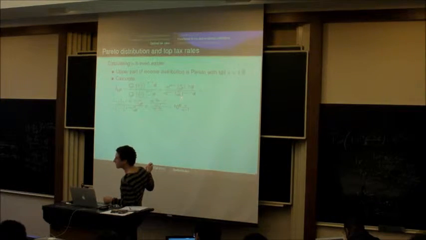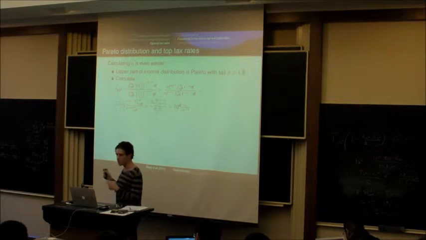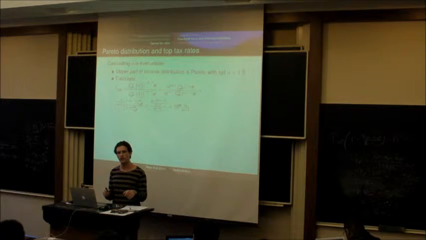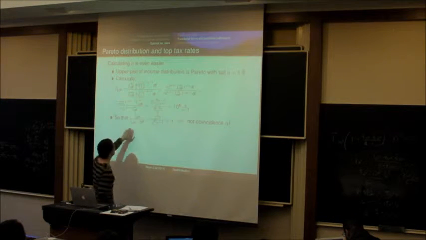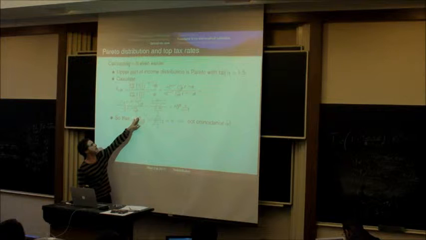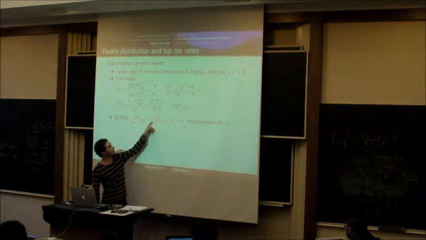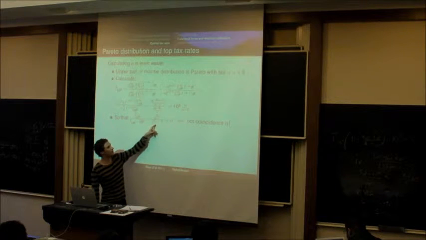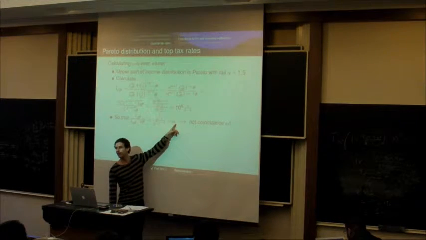So it's 10 to the 6 times alpha over alpha minus 1. So the average income of someone earning more than $1 million is $1 million times alpha over alpha minus 1. And so that gives us that the average income that they're earning over the average minus $1 million is alpha over alpha minus 1 times alpha over alpha minus 1 minus 1, which is exactly alpha.